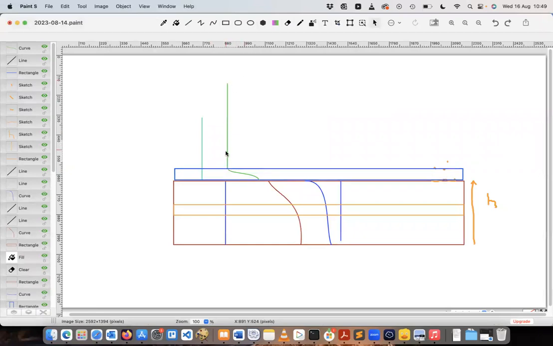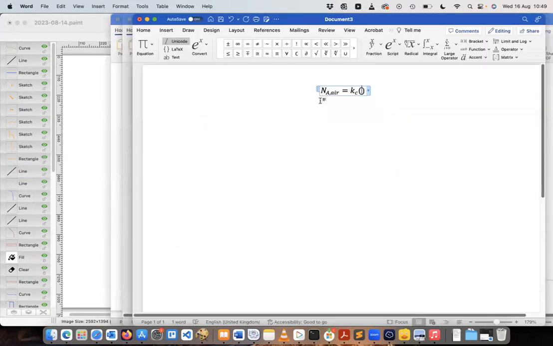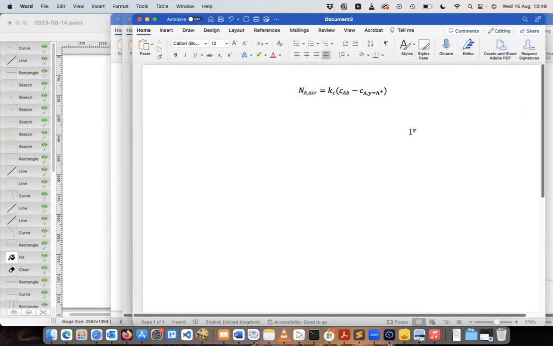We can see a bulk concentration of water in the air, and we can see a surface concentration of water, which is just above the slab. So we can write this as C_A bulk minus C_A at the surface, and this is the concentration of water just above the slab, where y equals h plus, right? So those are the two concentrations.